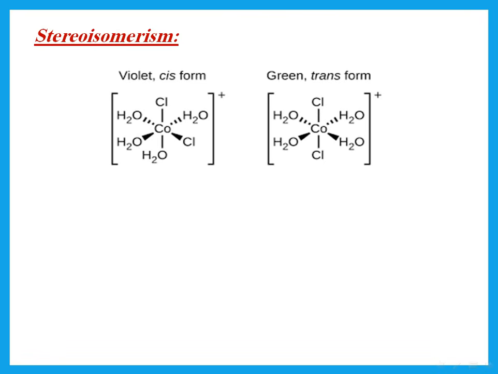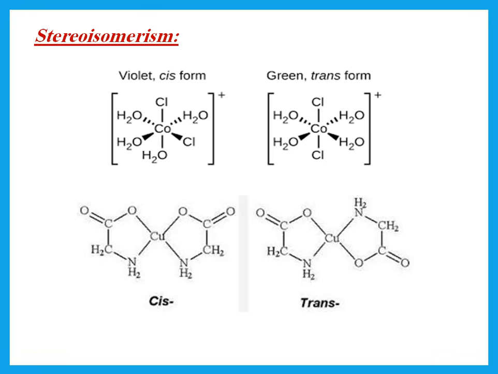Now, some of these complexes have stereoisomers. Stereoisomers means they can be cis or trans, like the cisplatin and the transplatin. If the 2 of the ligands are next to each other, that is cis. If they are opposite to each other, that is trans. Also here, this also has a cis-trans isomer in which the 2 NH2s are on the same side of the copper or on opposite sides of the copper.